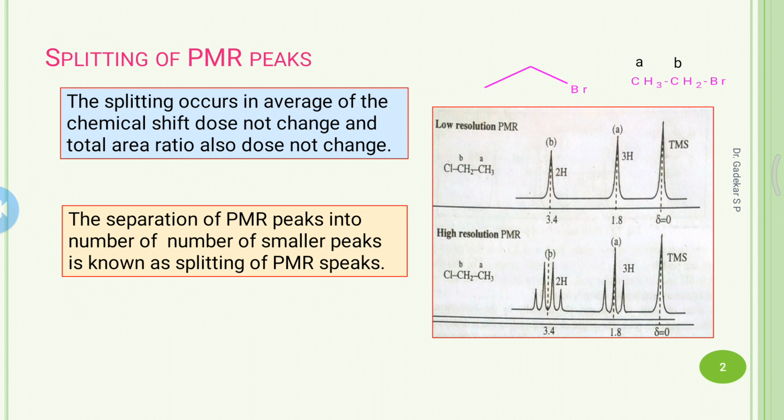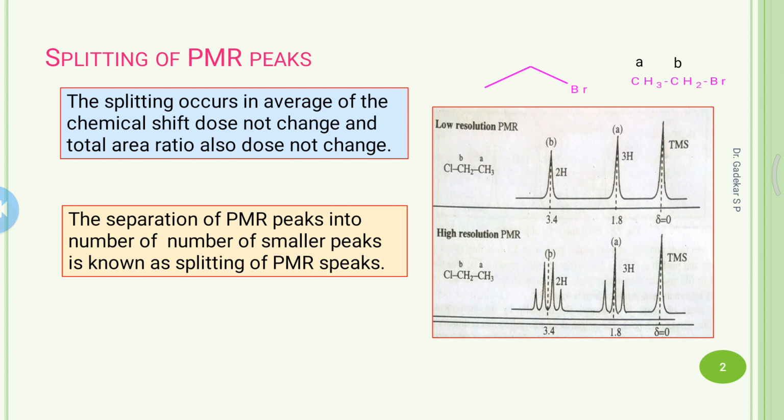Ethyl bromide under low resolution shows peak A due to methyl protons at 1.8 delta and peak B due to methylene CH2 protons at 3.4 delta.